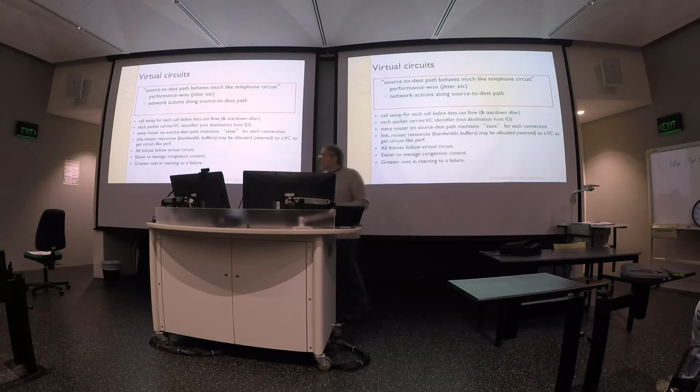Now, just because it originally started as an analog system like that doesn't mean the telephony system didn't get digitized. It got digitized very early. So it actually got re-implemented on top of a digital system, which looks like a packet switch system, okay?